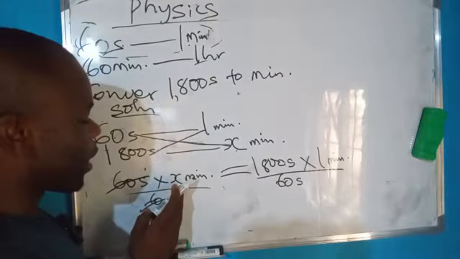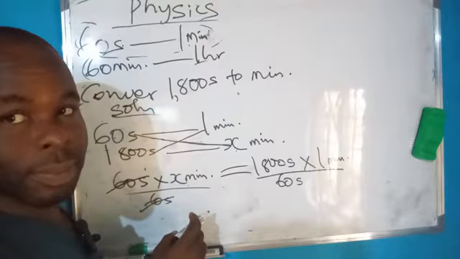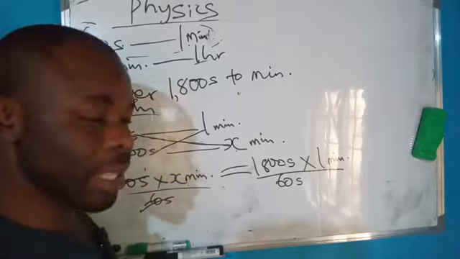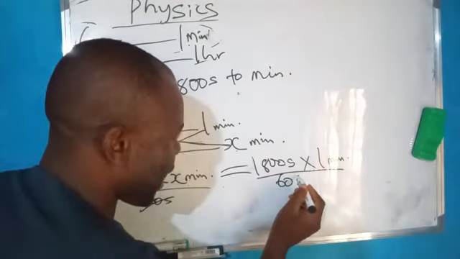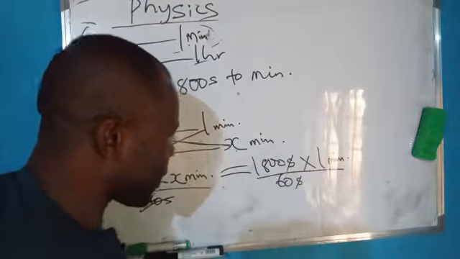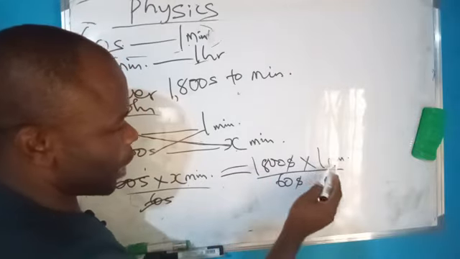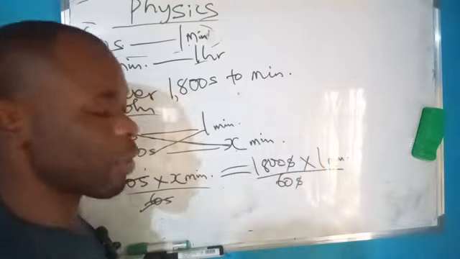Then what you will be left with here is x minutes. X what? Minute. Your second cannot divide minutes. Is that clear now? So that second will go against second, you now have 1800 and 1 minute, which means minute, which is what you are looking for, is what will be left here.